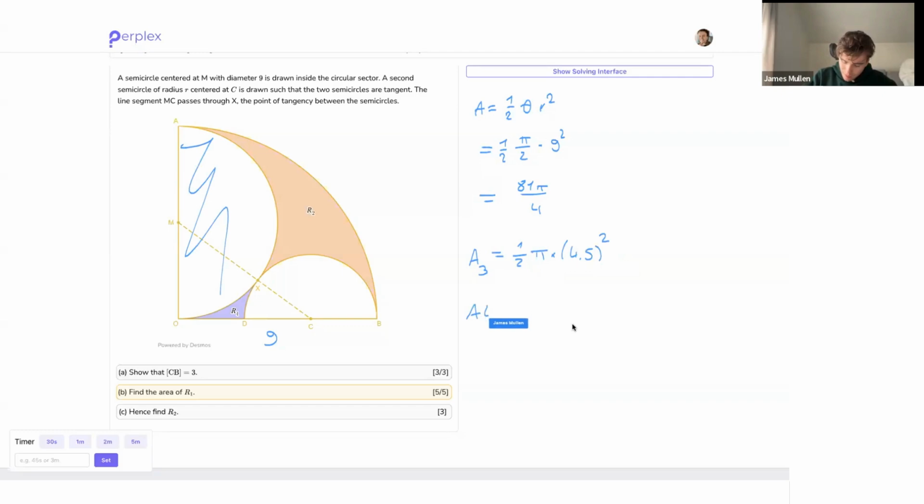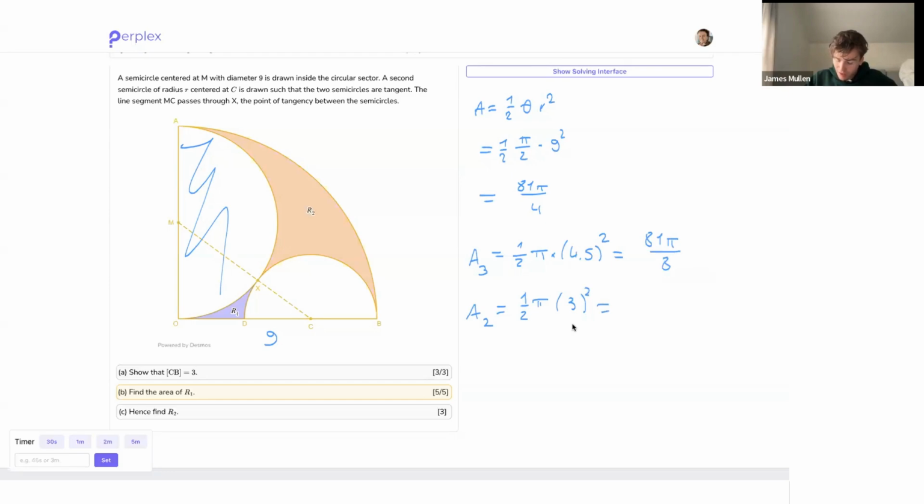And the last semicircle has half of pi times 3 squared. Okay, so this gives me 9 over 2 squared, 81 over 4, so 81 pi over 8. So it's actually half the area of the larger one, which is an interesting thing to note.